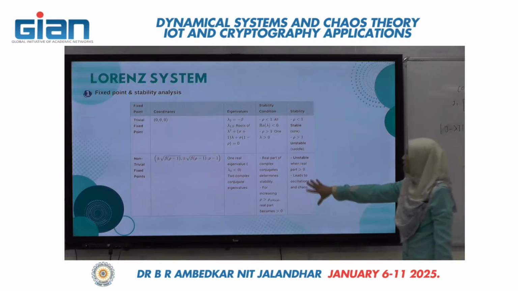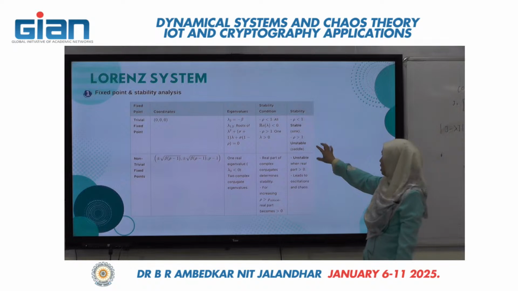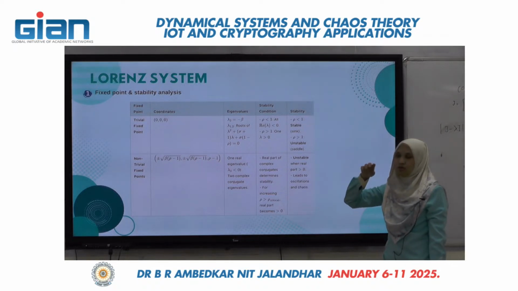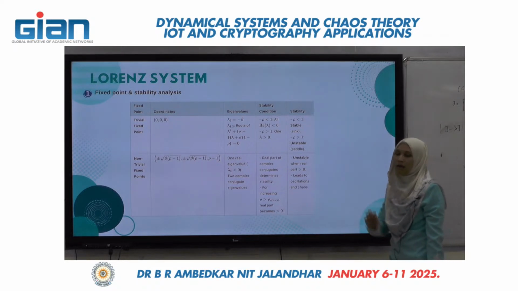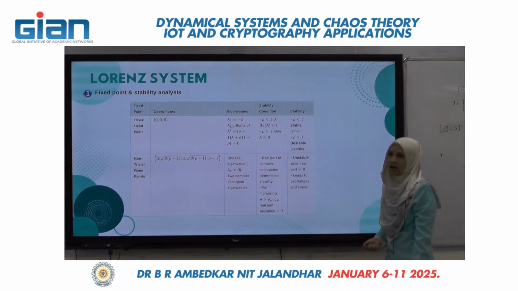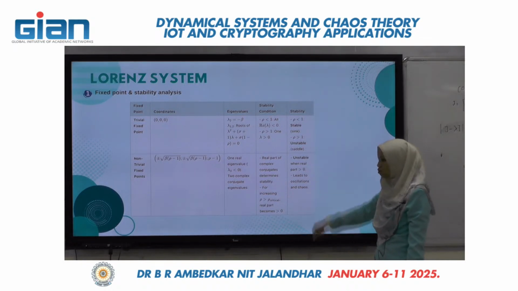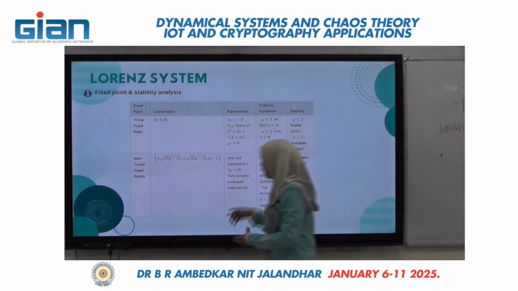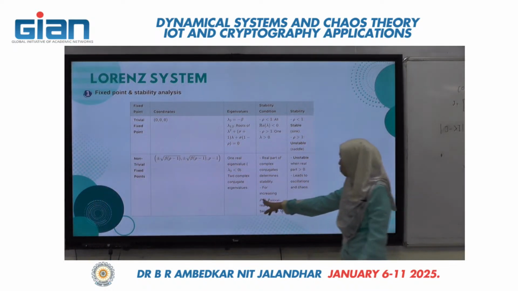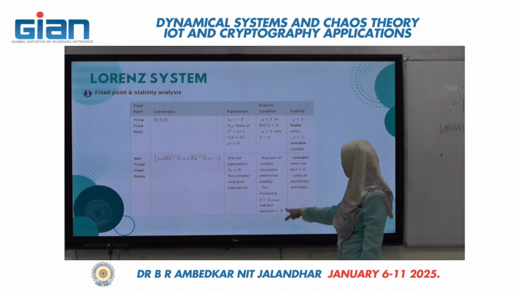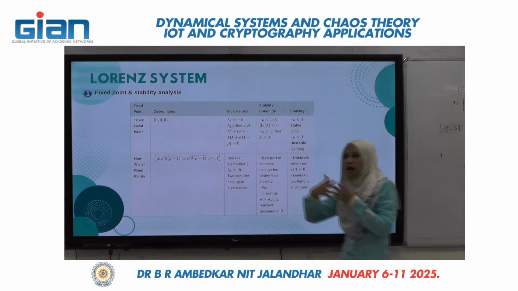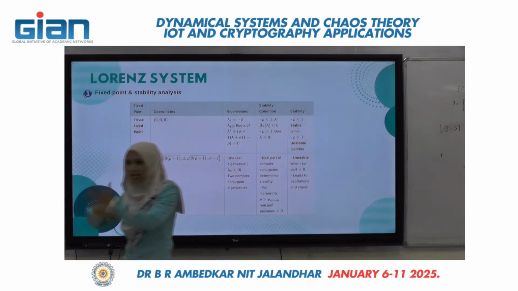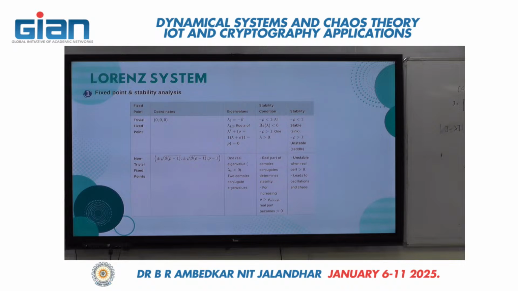So this part will be unstable because we got the positive real part of eigenvalues. So this one will lead to oscillation and chaos. So it's still oscillation because we are talking about rho greater than 1. So at first it will start to oscillate, and then it will go to chaos.